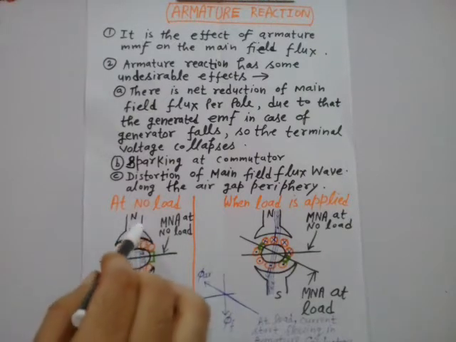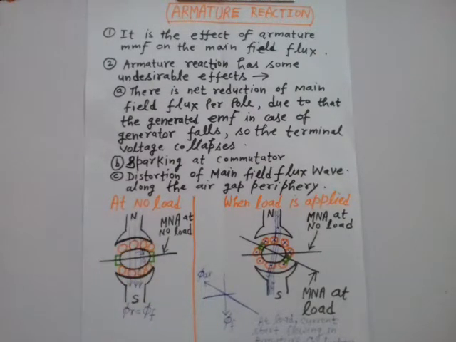In this case only one flux will exist in the machine, that is the field flux due to the main field poles.